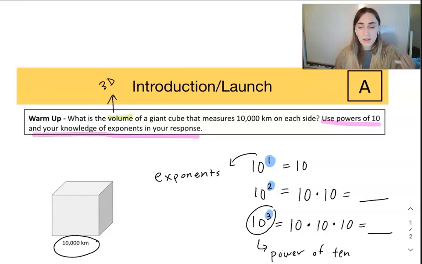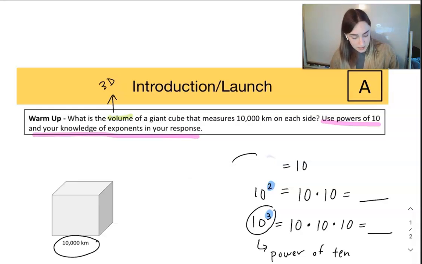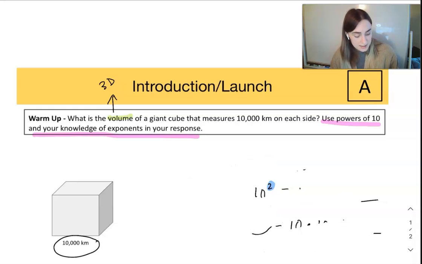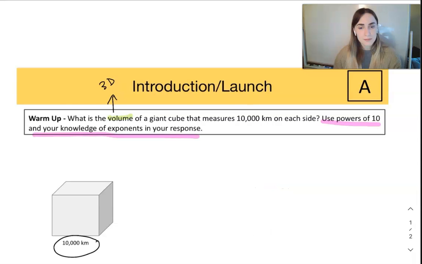So now you've figured out how we can represent 10,000 kilometers as a power of 10, like that power of 10 I have circled at the bottom of your screen. And once we know that power of 10, we can connect back to our idea of volume and think about what we will need to do with that power of 10.